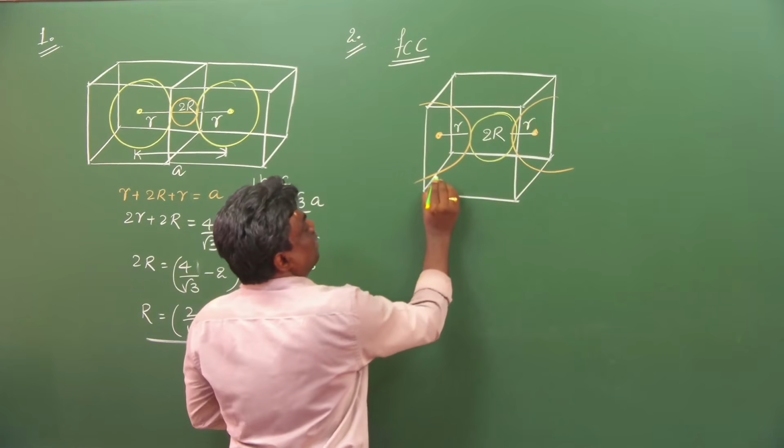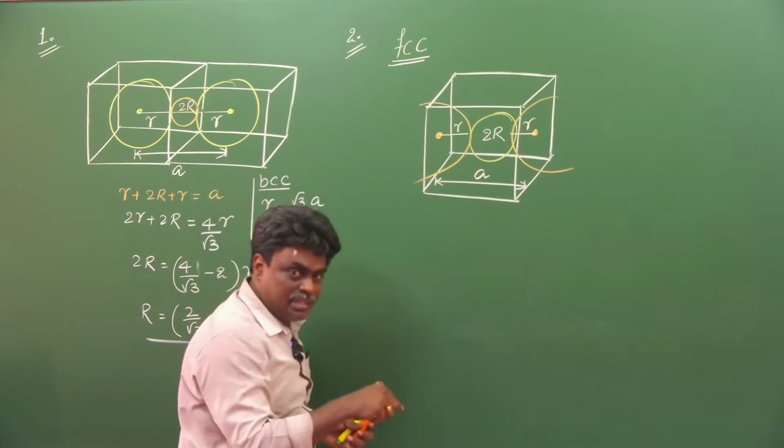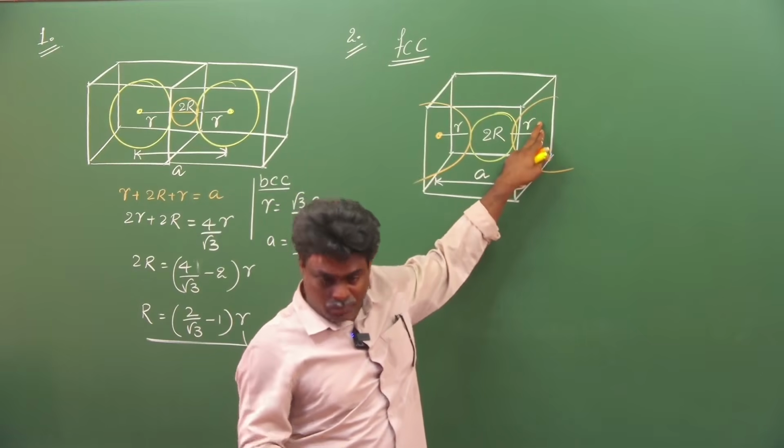Finally, I hope you know face to face what is the length a. It is FCC, so please take the radius of the FCC atom r equal to a by 2 root 2. Come and do it.